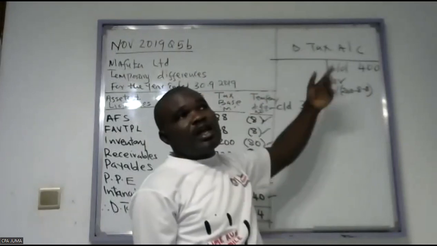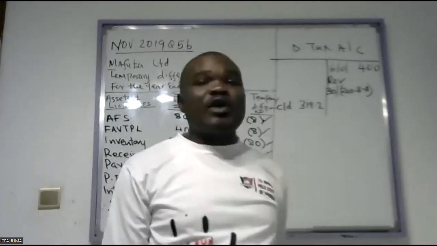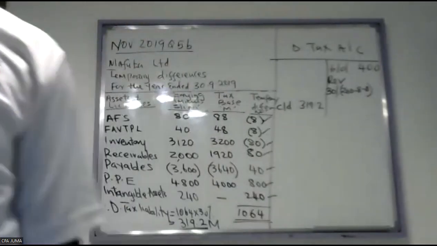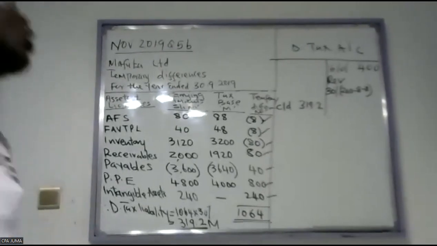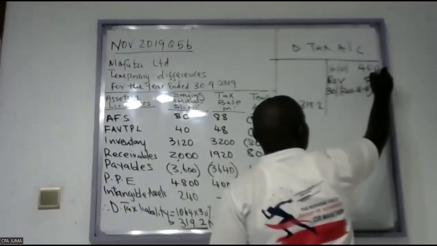But now the gain is more than the losses, so you can net the position and give one figure. How much will you get? 55.2.